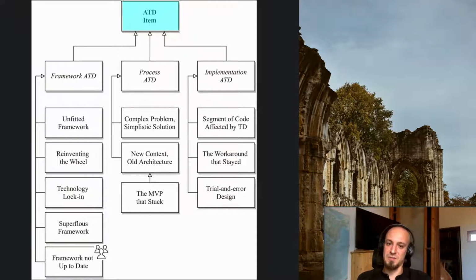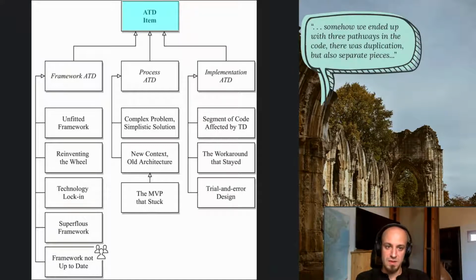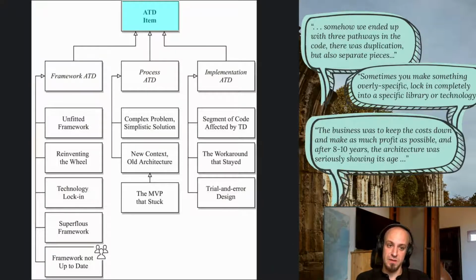And then we have implementation architectural technical debt items, such as an architectural workaround, or a component which was designed in a trial and error fashion. Throughout the paper, we make extensive use of quotes in order to provide further examples and support our findings with raw data.